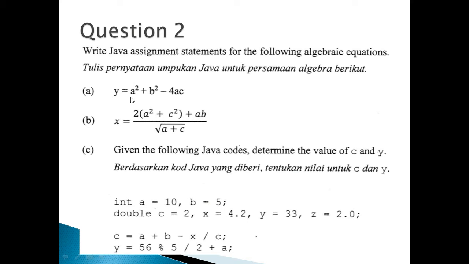Okay, you can use method, standard library method, math.pow a in bracket a, and then plus math.pow in bracket b, and then minus in bracket 4 times a times c, and then don't forget your semicolon. Or also you didn't have to use the library method.